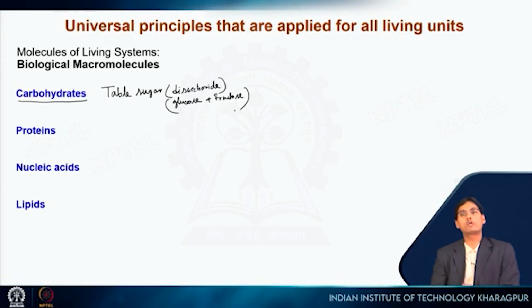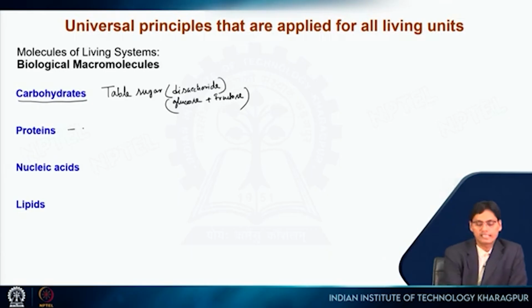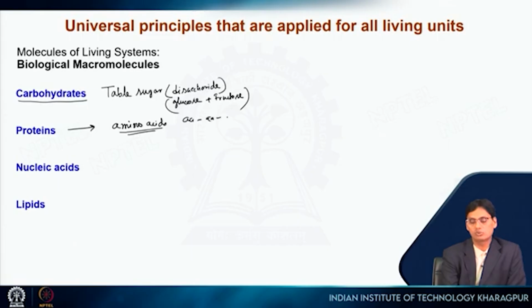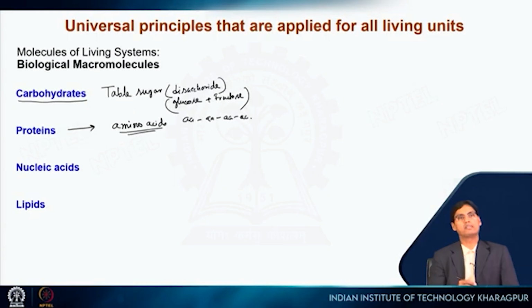These are the monomers, they are attached together and they form table sugar. Similarly, proteins are made up of amino acids. Amino acids are attached through peptide bonds and they make this polymer. Nucleic acids are also polymers of nucleotides.